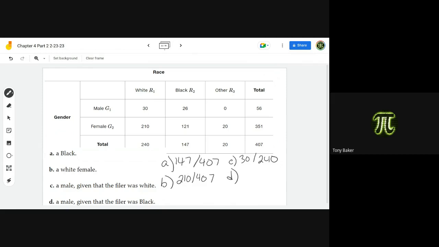What's the probability that a male was granted a protective order given that the filer was Black? Oh no, 26 out of 147. Right. Again, the Black's total, so that's the 147. What's 30 divided by 240?